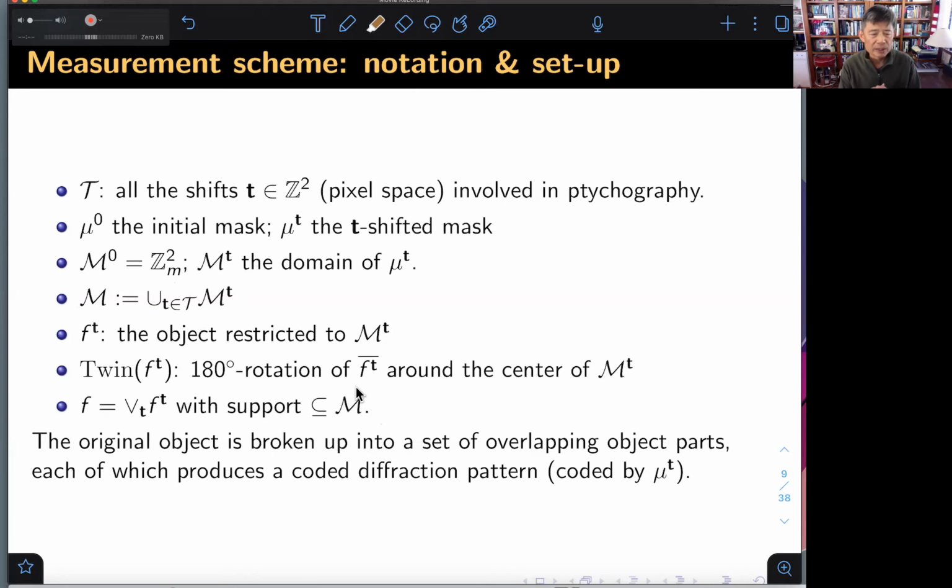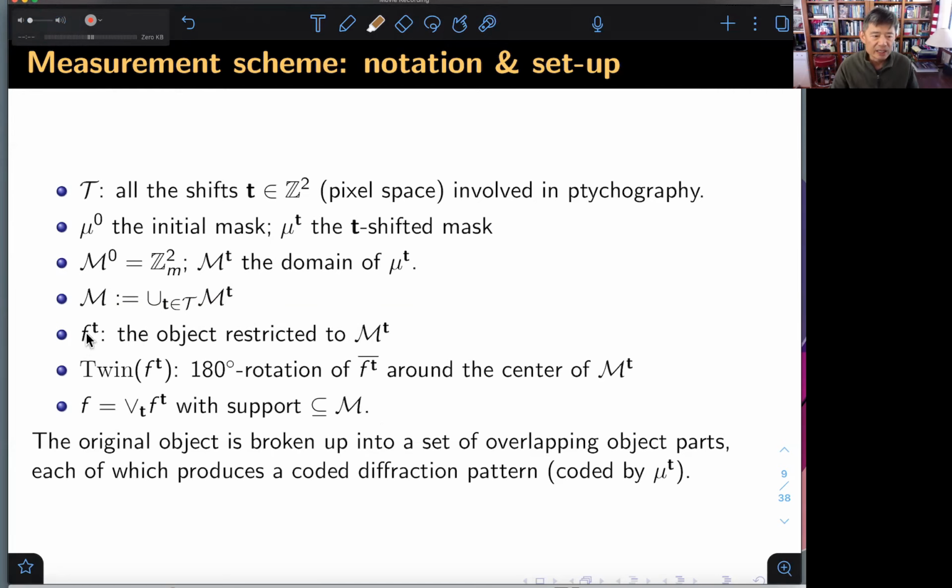Okay, so in other words, you can think of ptychography as a scanning microscopy or imaging that breaks down the original object into a set of overlapping object parts. Okay, so remember, we hope M_t and its nearby probe will be overlapping.